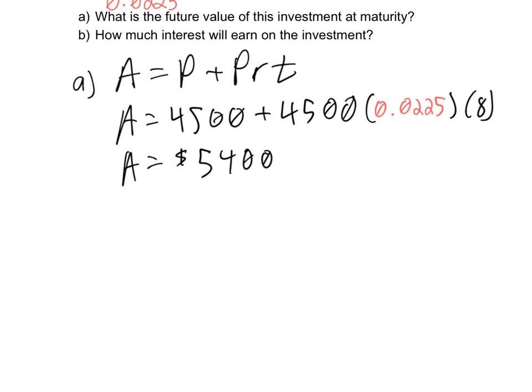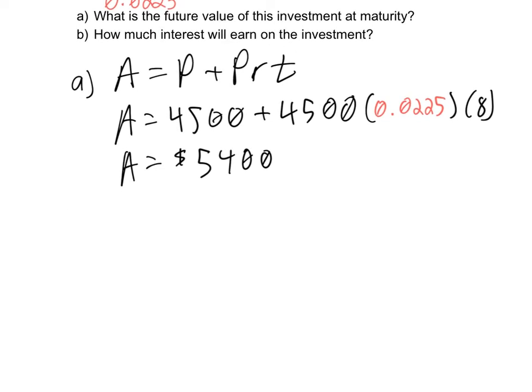Now the B part: how much interest is earned on the investment? We could approach this from one of two directions. If you recall, we had a separate formula to specifically calculate the amount of interest earned in a simple interest investment. That was I equals PRT.